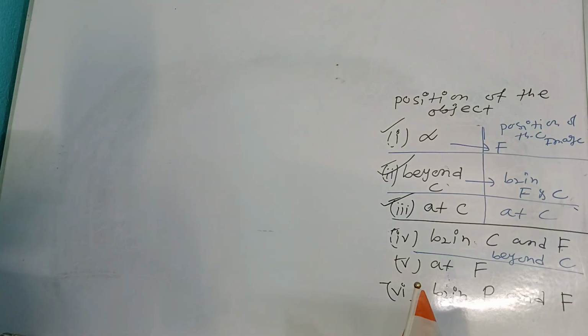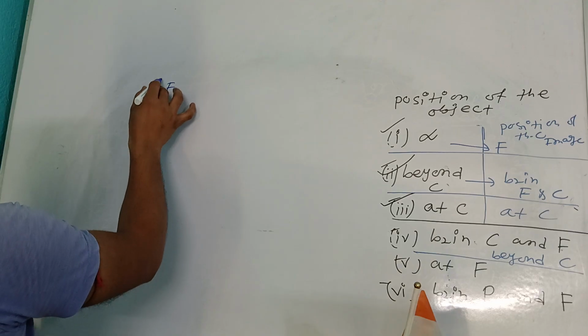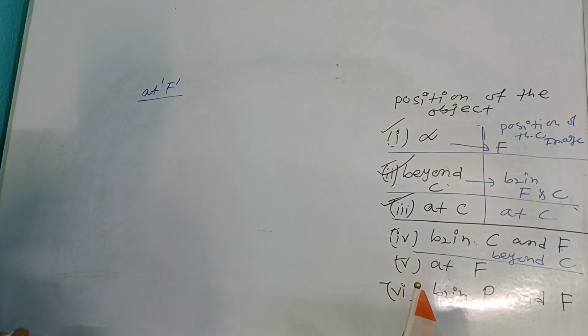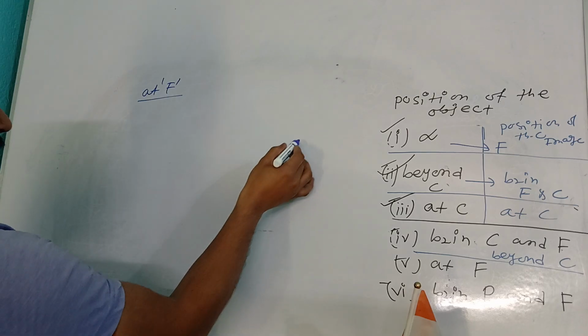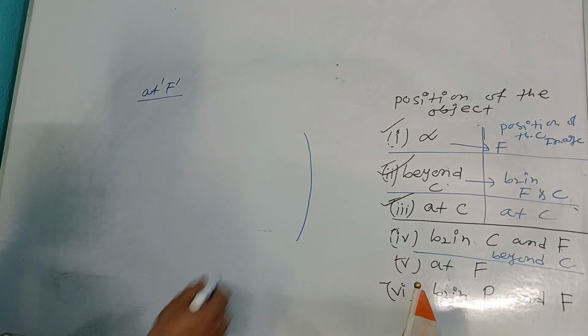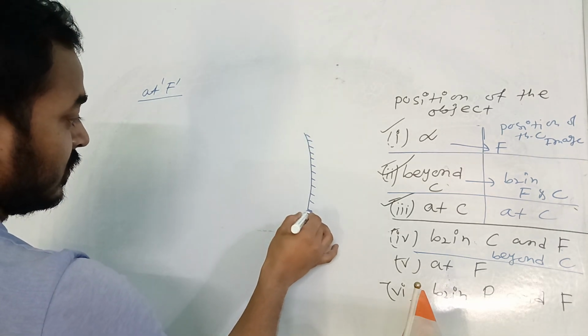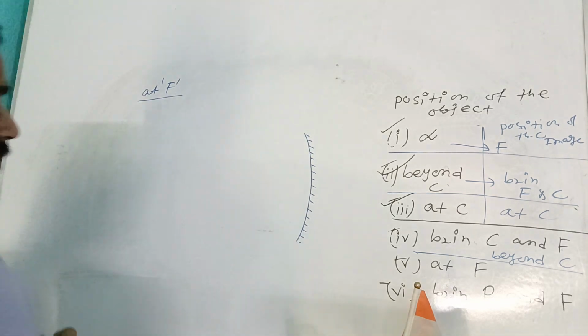At F, position of the object at F. So this one is our concave mirror.